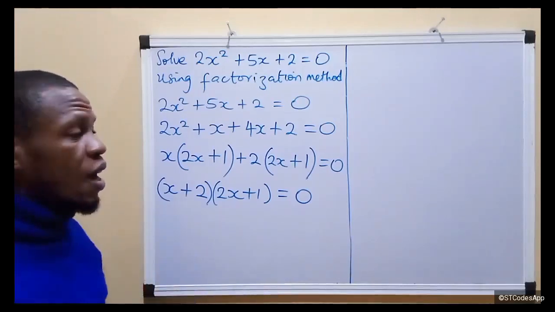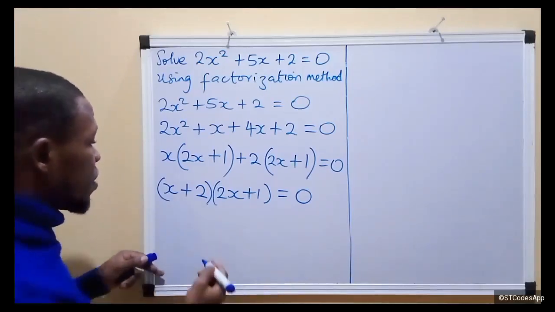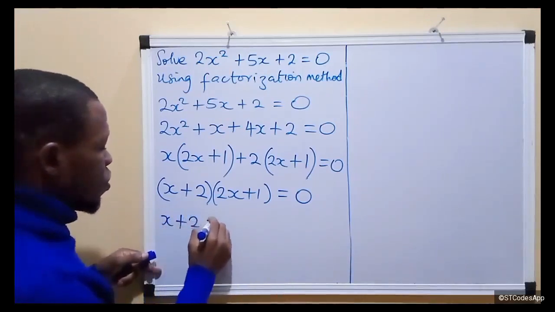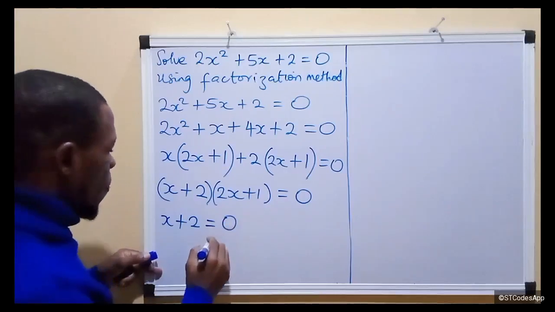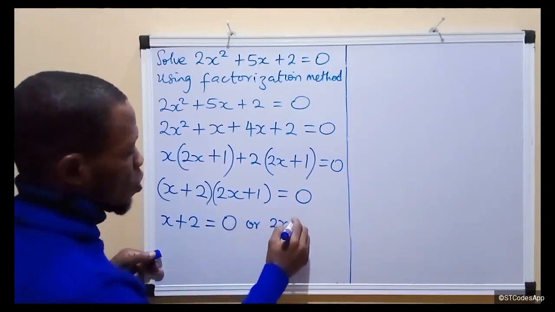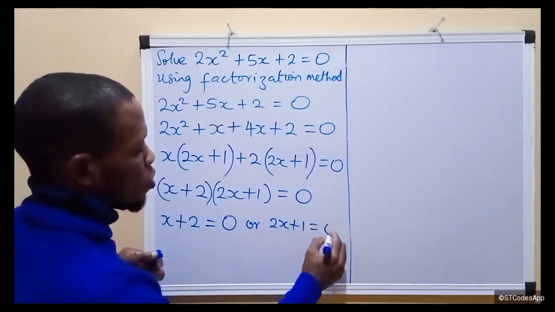Now, for us to find the actual roots, we are going to have x plus 2 is equal to 0, or 2x plus 1 is equal to 0.